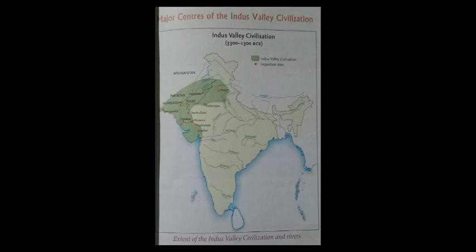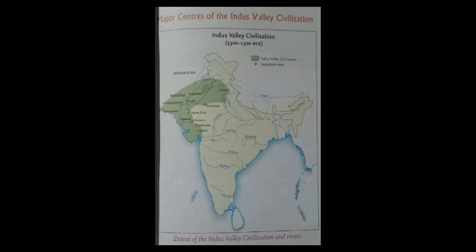But the ruins of the same civilization were unearthed in Kalibangan in Rajasthan, Ropar in Punjab, Banwali and Rakhi Gadhi in Haryana, Alamgirpur in Uttar Pradesh, Lothal, Rangpur, Rojdi and Dholavira in Gujarat, Kotridiji, Amri, Chanhudaro and Sutkagendor in Pakistan, and Daimabad in Maharashtra.